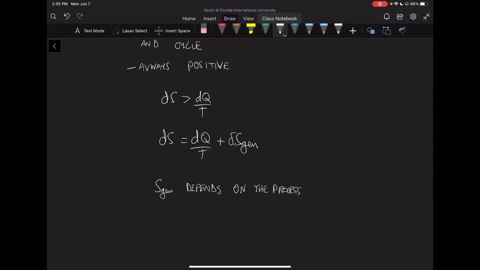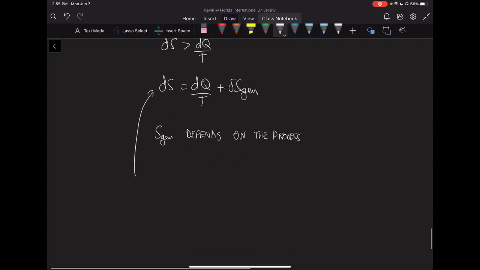And so we can write that if we rearrange this equation with dq by itself, dq irreversible is equal to TdS minus TdS gen. So we now have a term called TdS and a term called TdS gen.